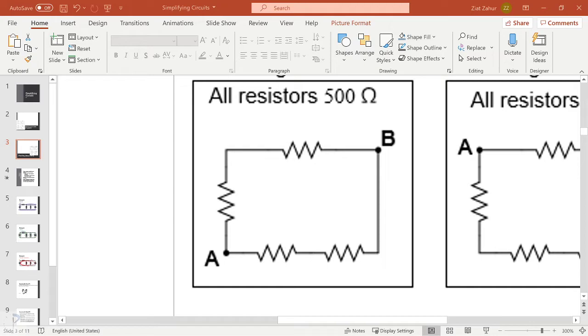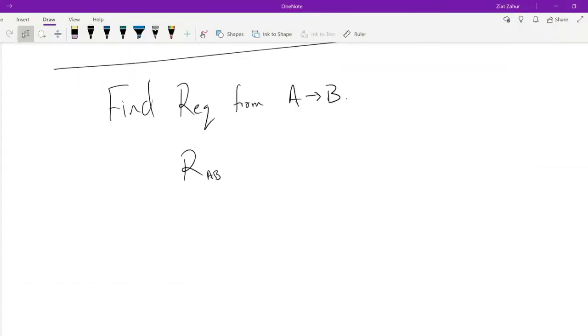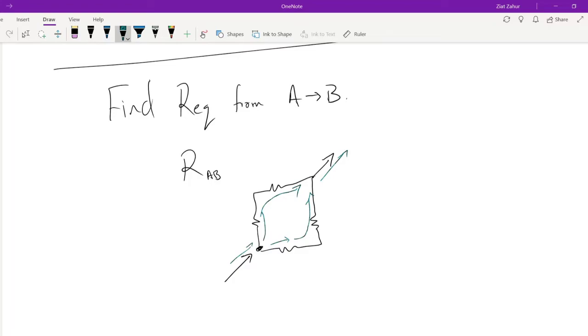So imagine current coming into junction A. What does that mean? Well, if you were to redraw this, you would say that you have current coming into junction A, and the current leaves junction B. So the flow would be this way and out.